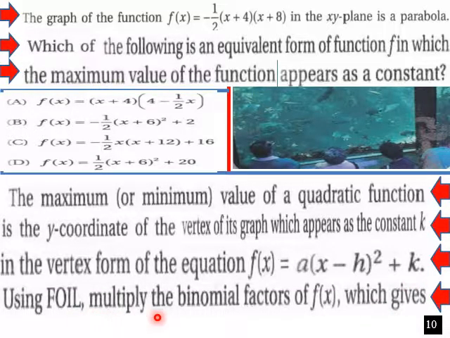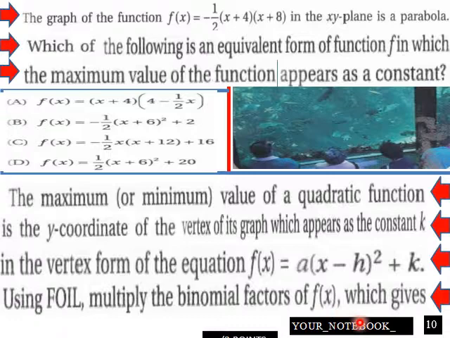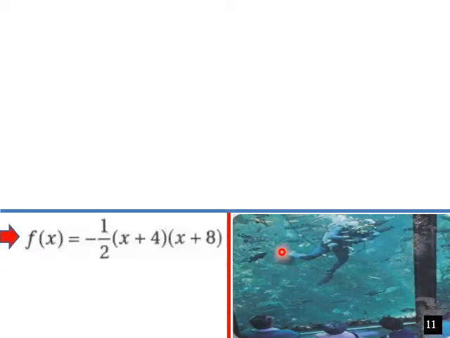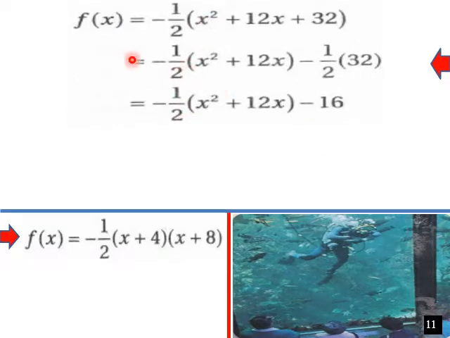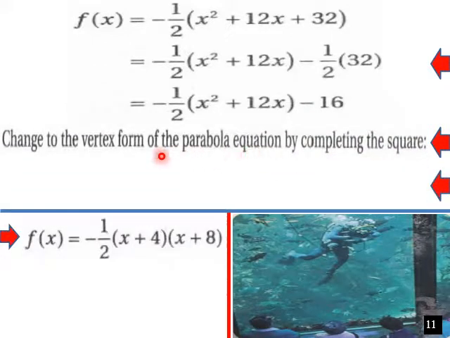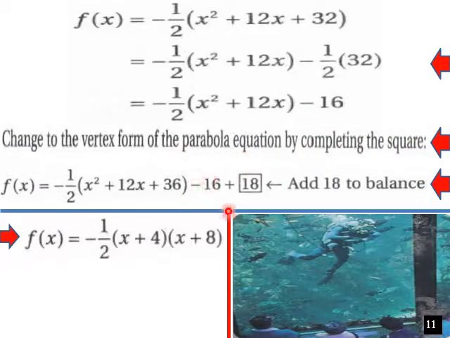Using FOIL, multiply the binomial factors of f of x, which gives negative 1/2 times this trinomial here. When we multiply through, we end up with negative 1/2 times x squared plus 12x minus 16.